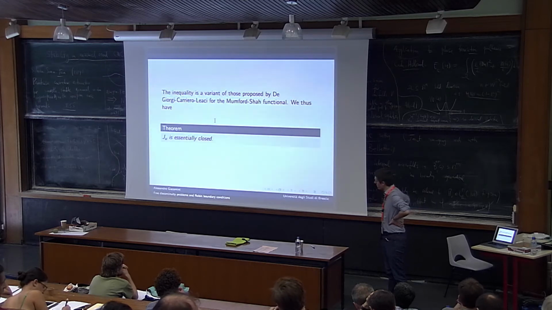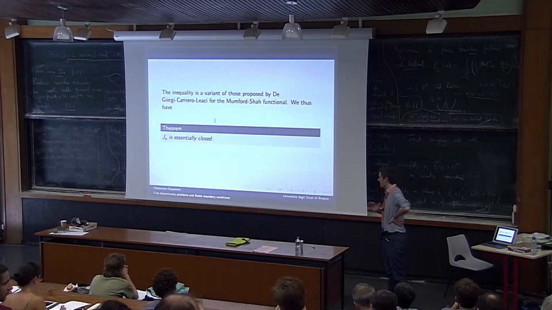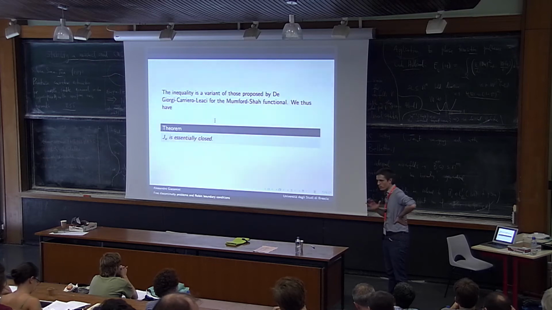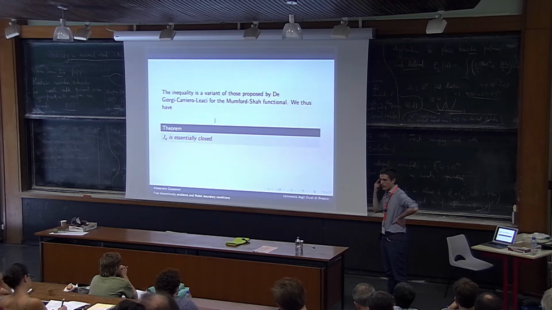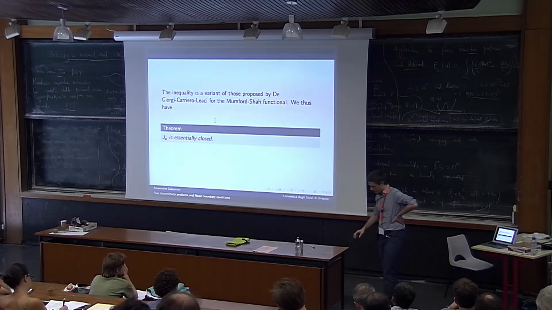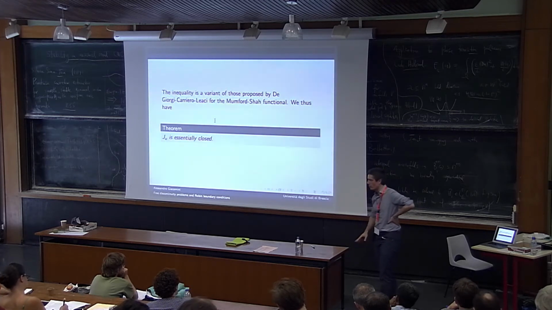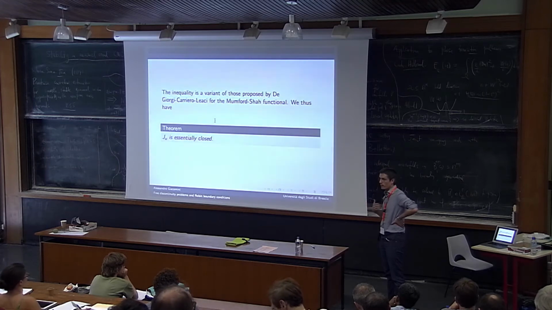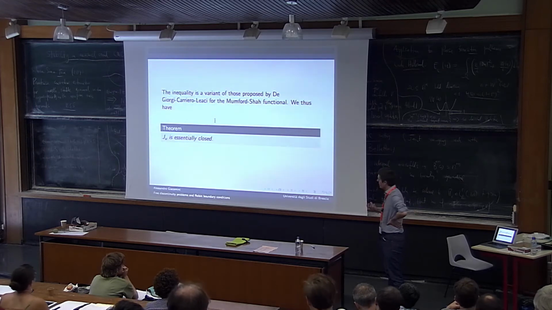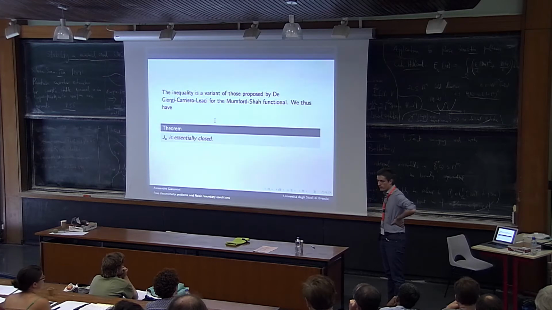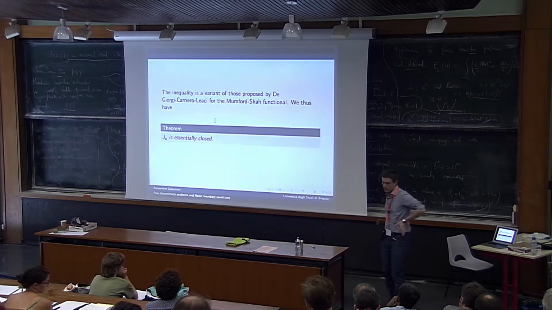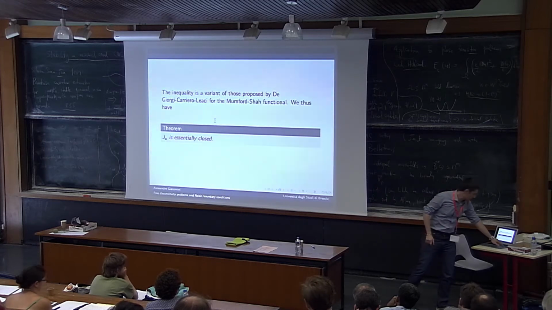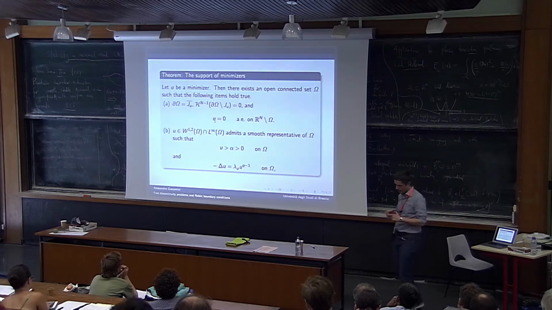So J of u is a closed set. And this is a very good property in order to infer some regularity for the support, because our initial target was to get information for the new class of domains by looking at the supports of the minimizer. Since J_u is essentially closed now, the support of the minimizer is pretty regular, because the idea is: how can we get the support?